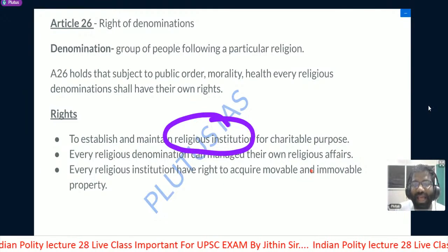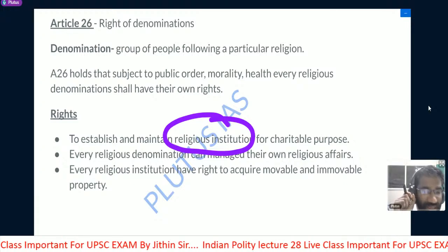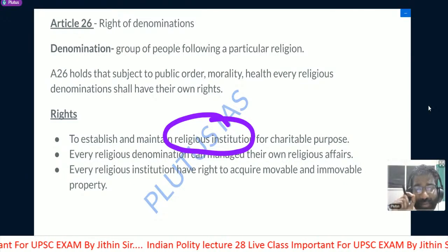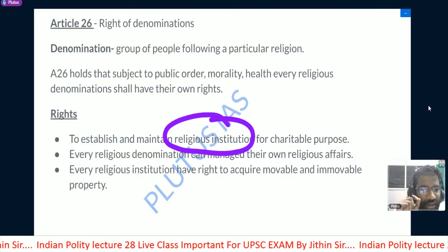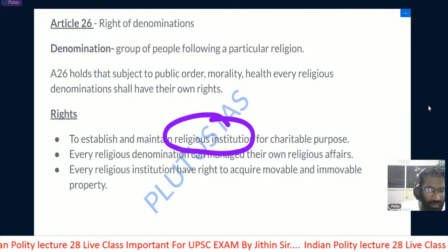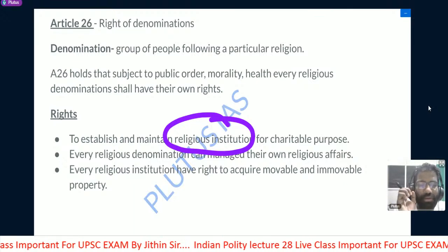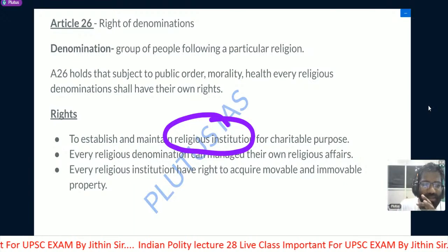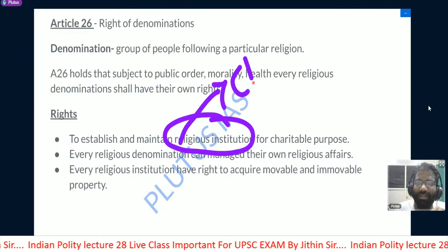That you can establish your religious institutions. Like, have you seen Sikh people's Gurdwara? In the premises of every Gurdwara, most Gurdwaras have a charitable trust, hospital or something.